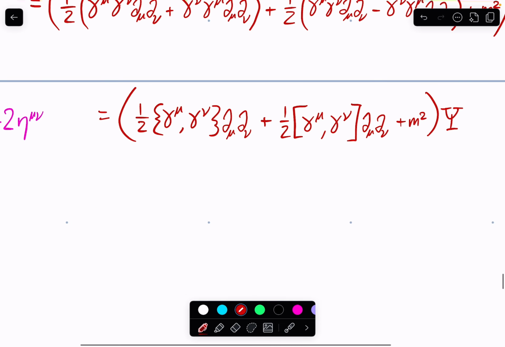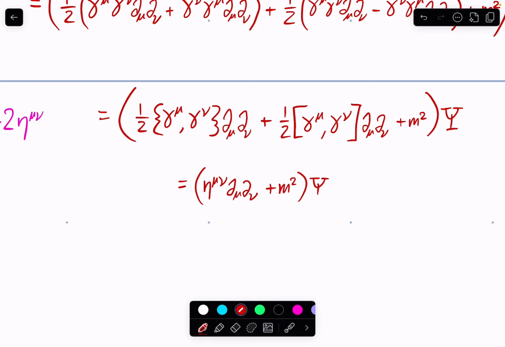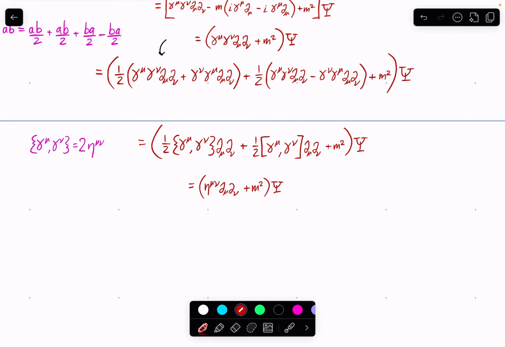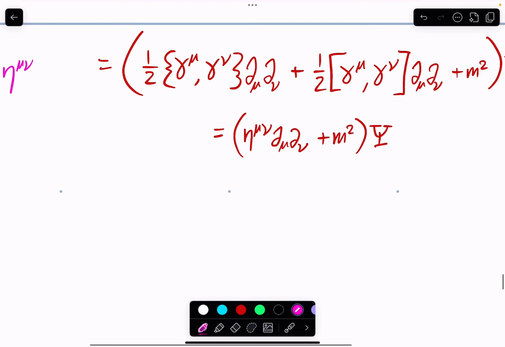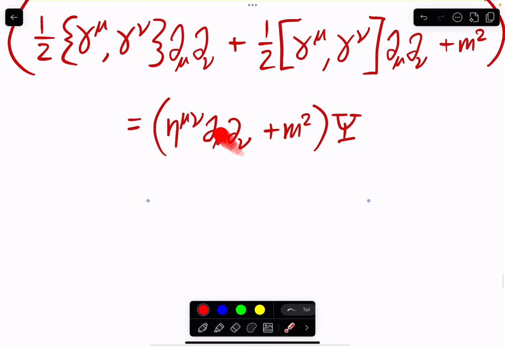So you can rewrite it as eta mu nu, partial mu, partial nu, then plus m squared, and then psi. And then by the property of raising indices here, these nu's will cancel out.